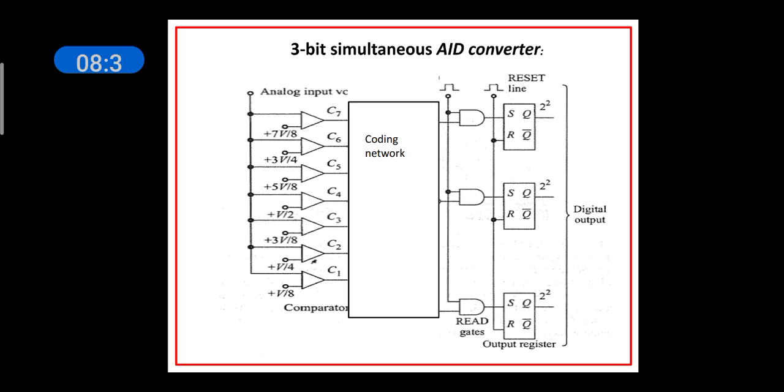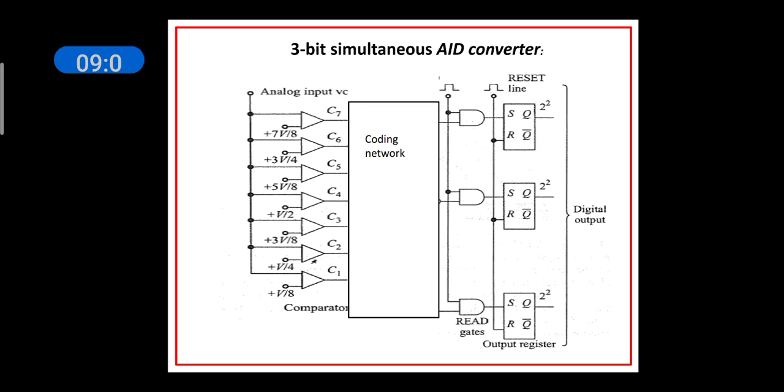and the outputs of the RS flip-flops give you the 3-bit digital information. Whenever the analog input voltage is less than V by 8, all the comparator outputs will be 0. Whenever the analog input voltage is greater than V by 8 and less than V by 4, C1 will be 1 and other outputs will be 0.